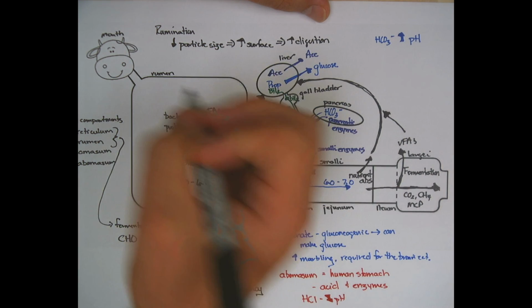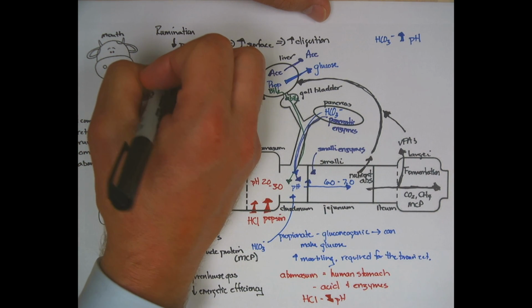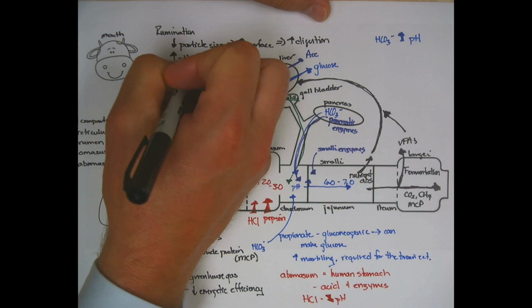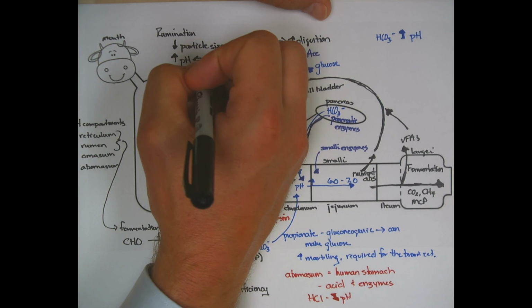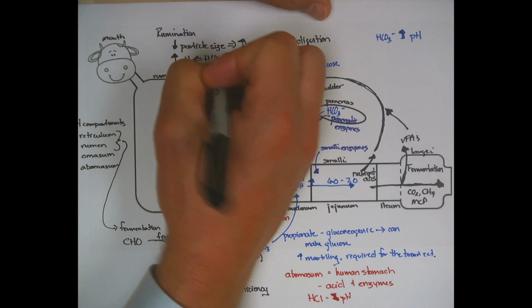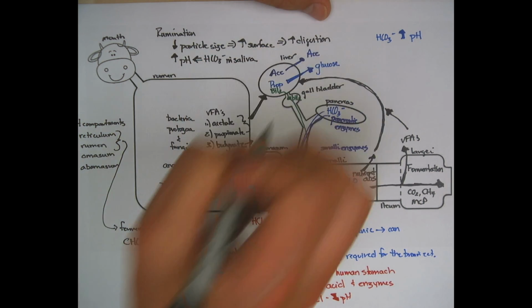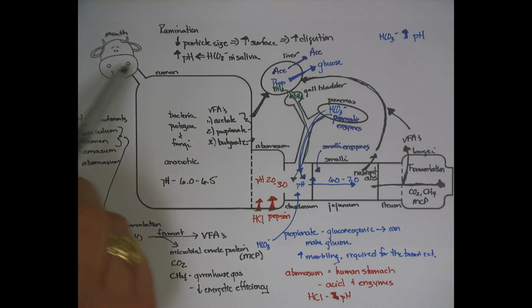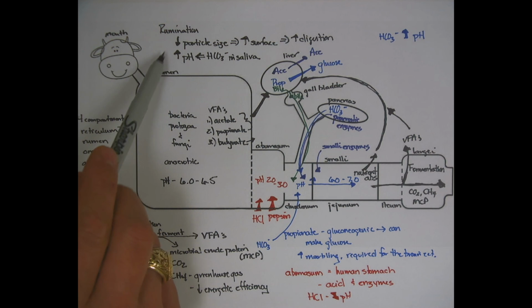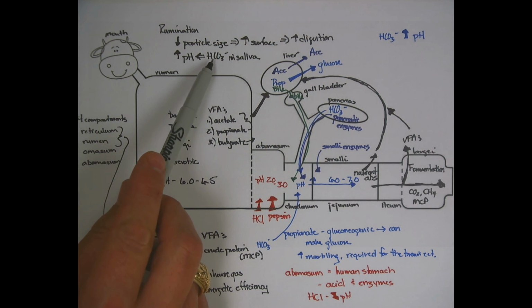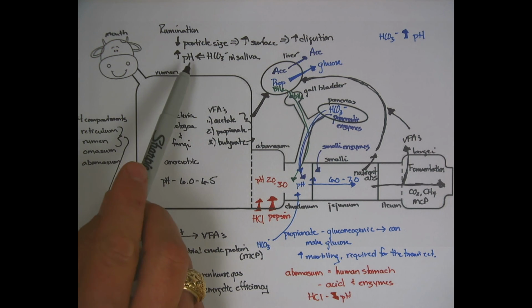Okay, another really important aspect of rumination is it increases pH, and this is the result of HCO3 minus in saliva. So when the animal ruminates, they chew, chew, chew, and that produces this HCO3 minus, or bicarb, a buffer in the saliva, and that increases pH.